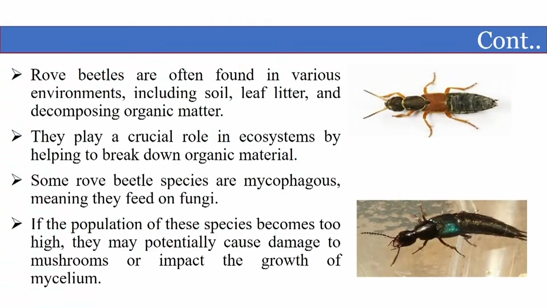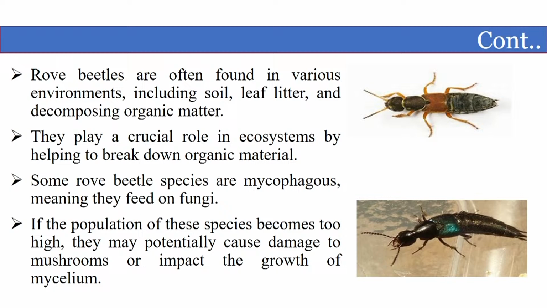Rove beetles are often found in various environmental conditions, including soil, leaf litter, as well as decomposing organic matter. They play a crucial role in the ecosystem by helping to break down organic material. Some rove beetle species are mycophagous also, meaning they feed on fungi.